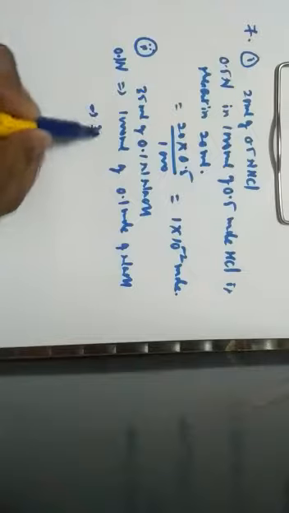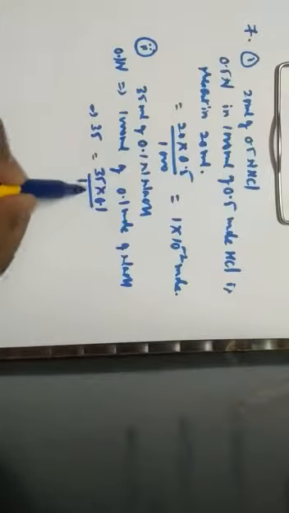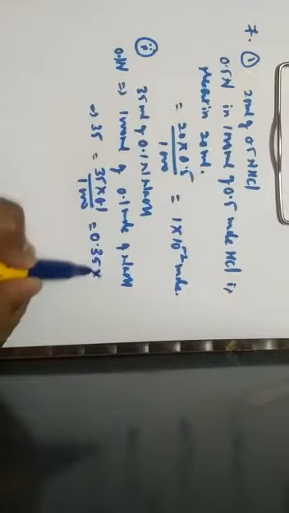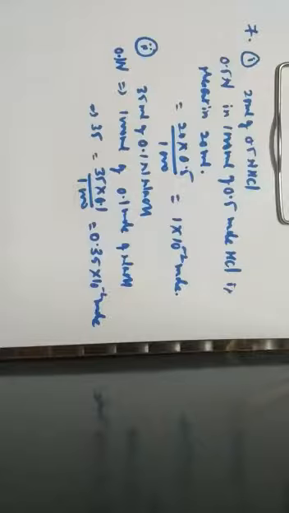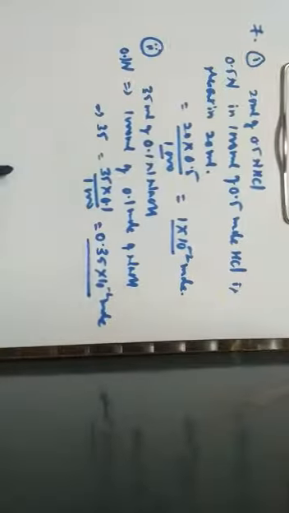So for 35 ml, that is equal to 35 into 0.1 divided by 1000, that is equal to 0.35 into 10 to the power of minus 2 moles.